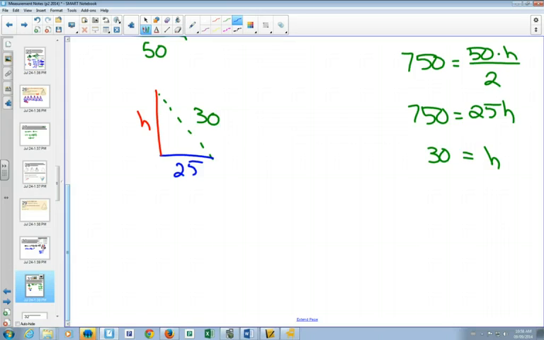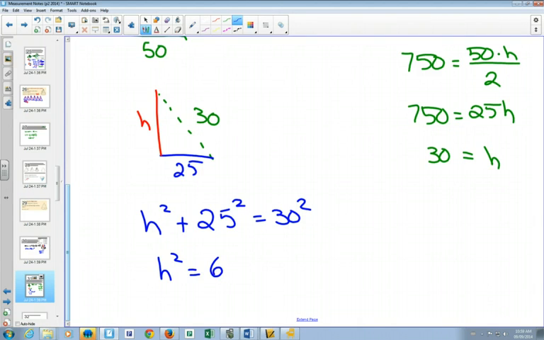It's just the height. So when I do a squared plus b squared equals c squared, I'll have to multiply these out. 25 squared is 625. 30 squared is 900. Move the 625 over by subtracting.